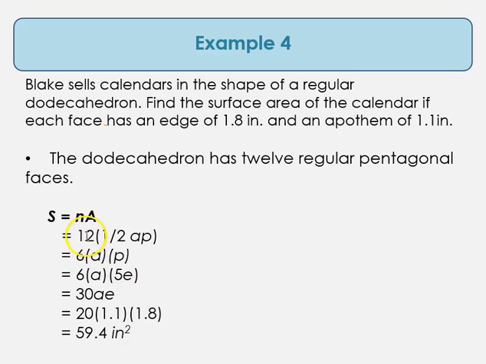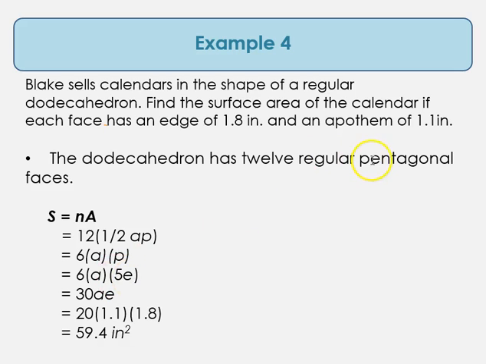So we have 12 faces times 1/2 aP, which becomes 6 times aP, which is 6 times the apothem, and the perimeter on this figure, because they're pentagonal, can actually be expressed as 5e.